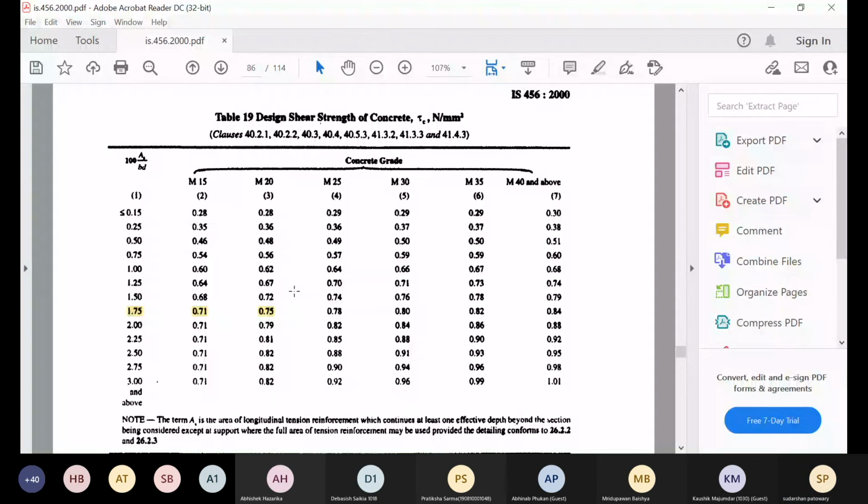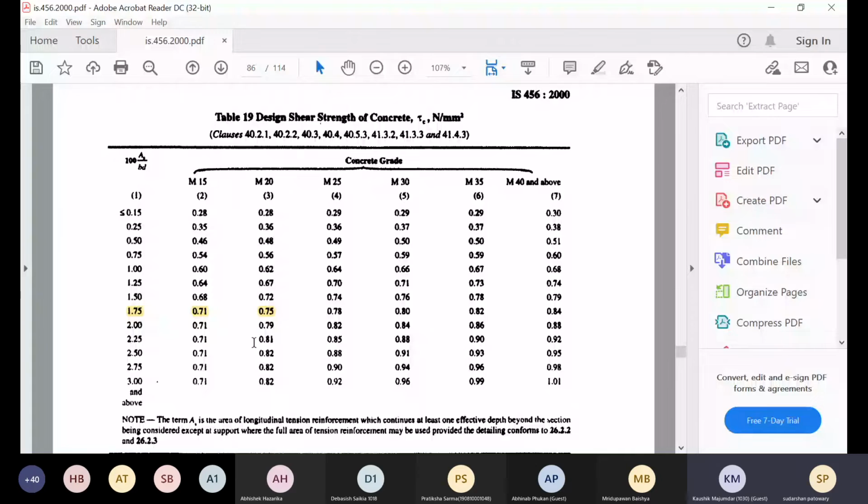For 1.75, I highlighted this. Because we are using M20 grade, the design shear strength tau c is 0.75. Clear?